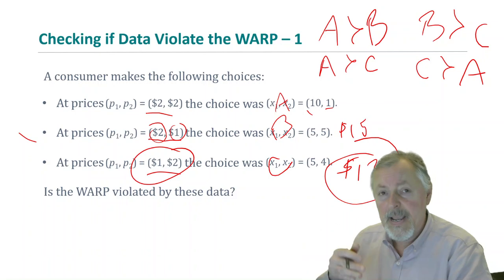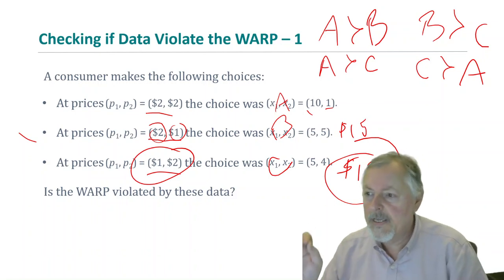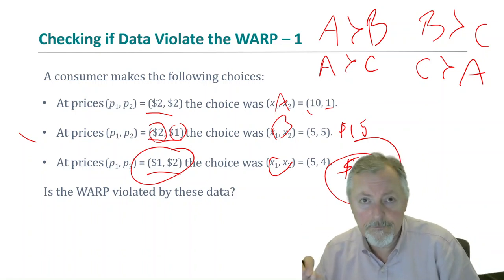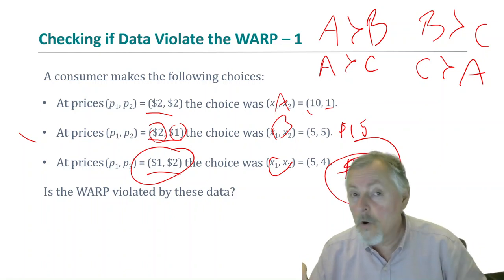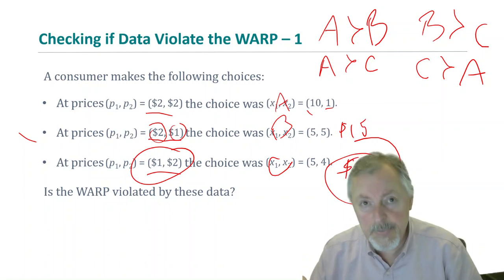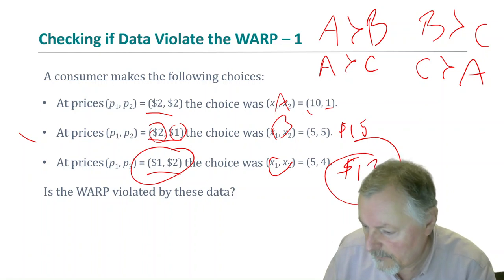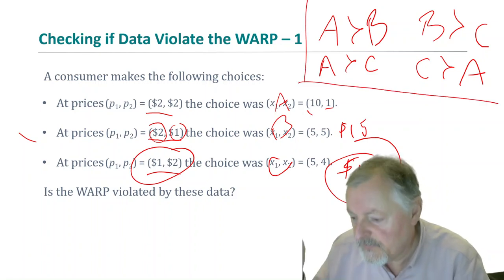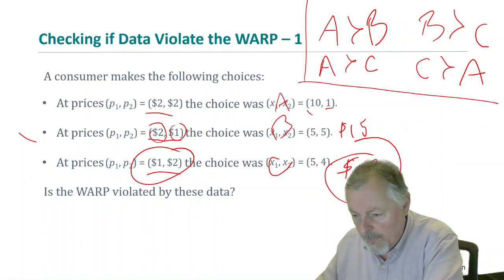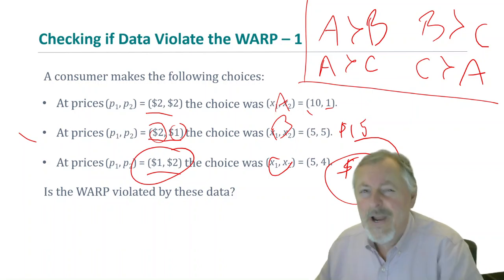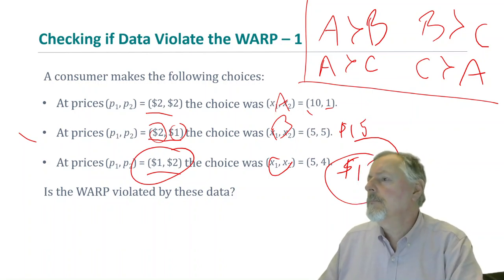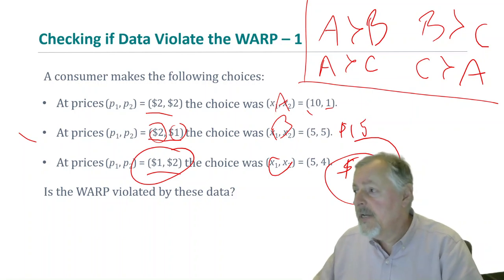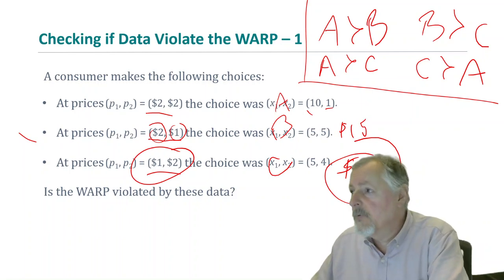So, by comparing these, looking for each choice, what other choices were affordable but you did not pick? We have these 4 relationships. This is the way I do it, not the way the book says to do it. So you look at those relationships. Are any of these contradictory?